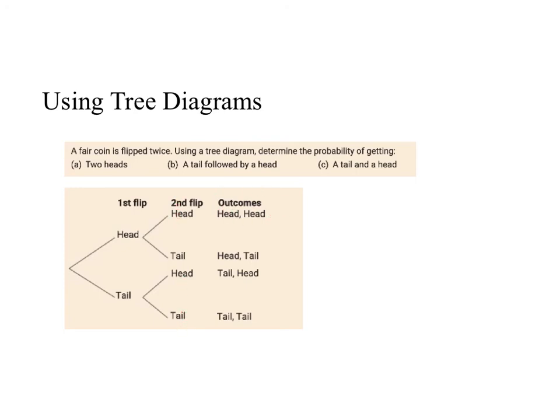Down at the end, we actually list what the possible combinations were. So we call these our outcomes. So we could have got heads and heads, which is listed here as heads and heads. We could have got heads then tails, which is listed as heads then tails. We could have got tails then heads, which is listed here. We could have got tails and tails, which is also listed down here.